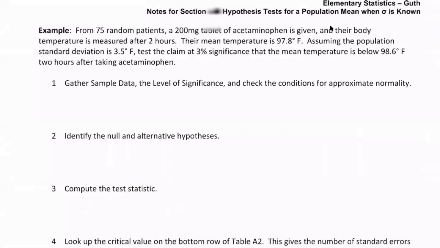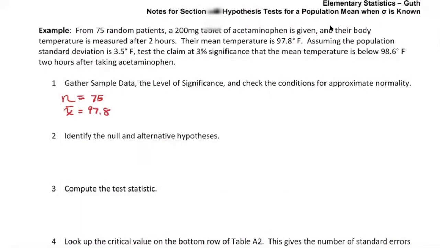So sample data, we have a sample size of 75. We got a 200 milligram tablet of acetaminophen. Again, that's Tylenol. Body temperature is measured after 2 hours. The mean, here we go, this is from a sample, so the mean temperature is 97.8.